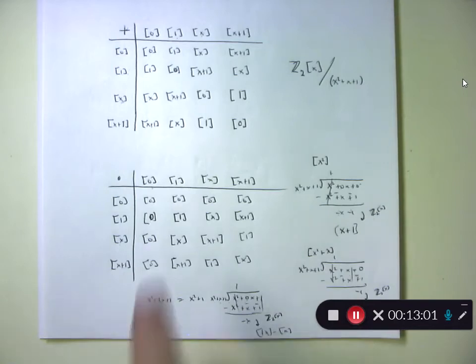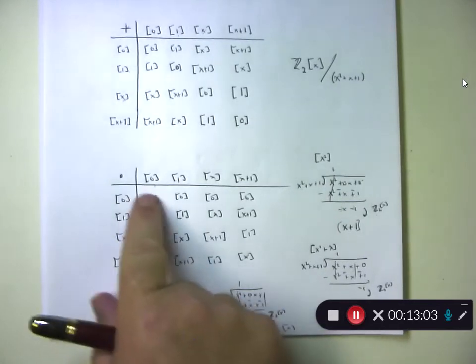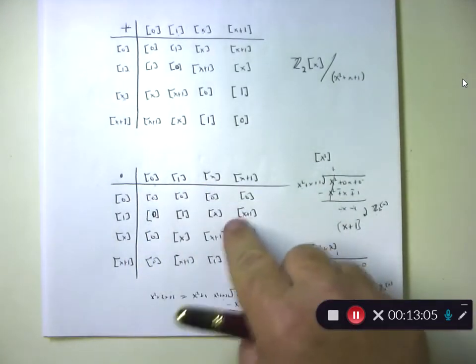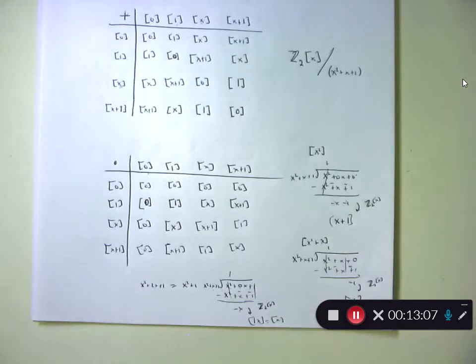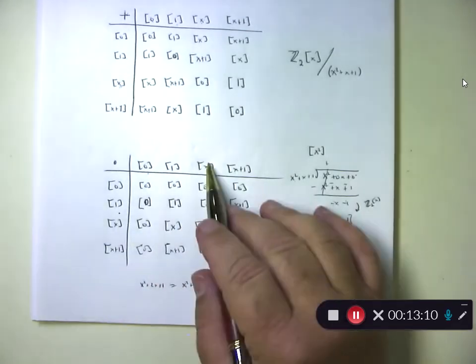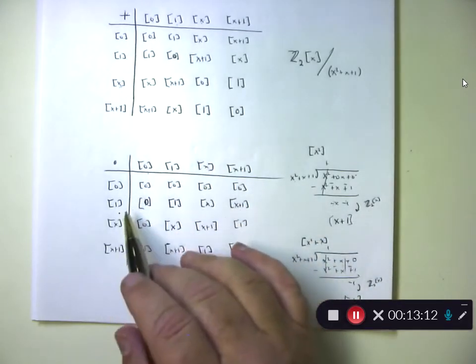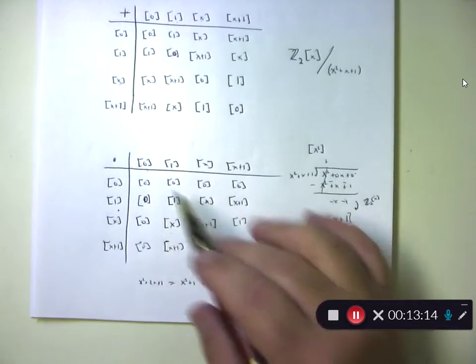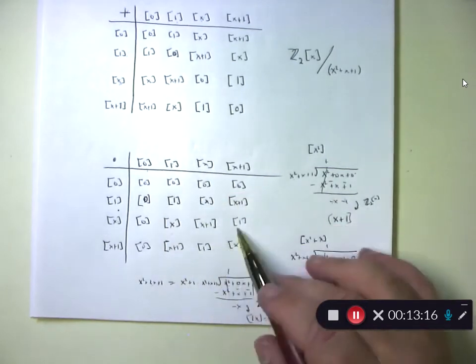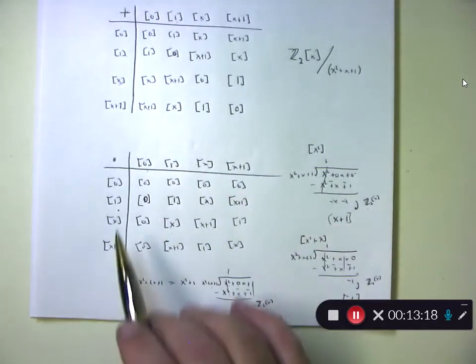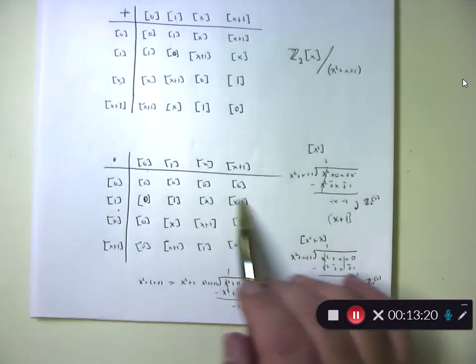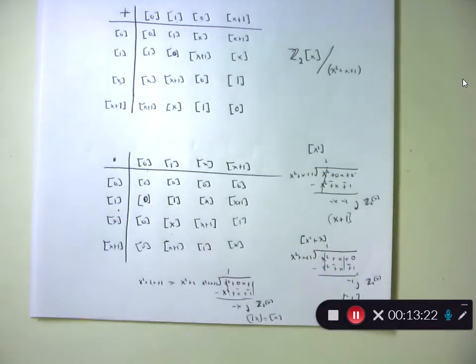So you focus on the multiplication tables. If it commutes, the upper triangle and the lower triangle parts match up around the diagonal. So 1 times x is the same thing as x times 1. Everything must match up, which it does. So it's a commutative ring. It's a ring with identity because when you multiply by 1, you get every other element back again. So it's a commutative ring with identity.